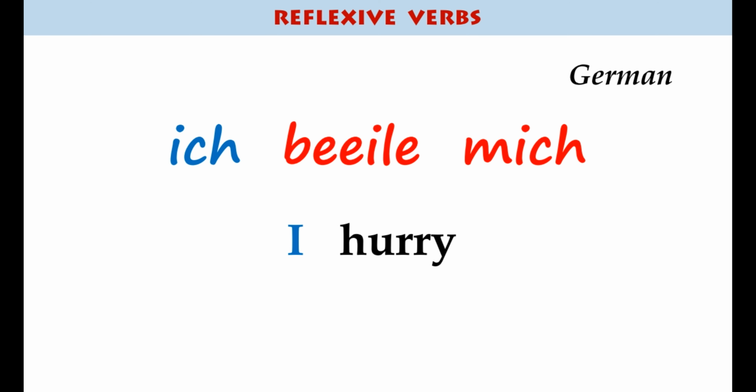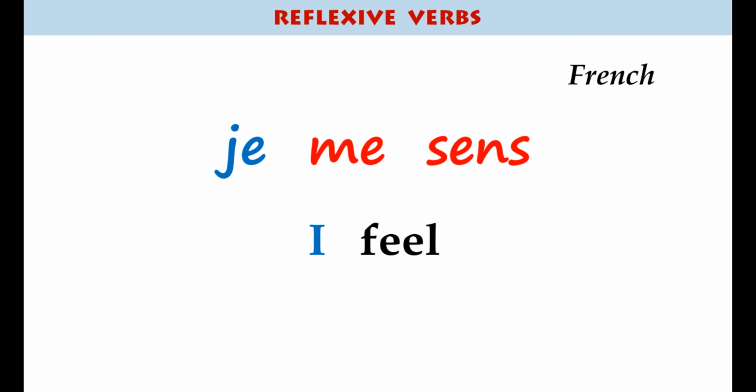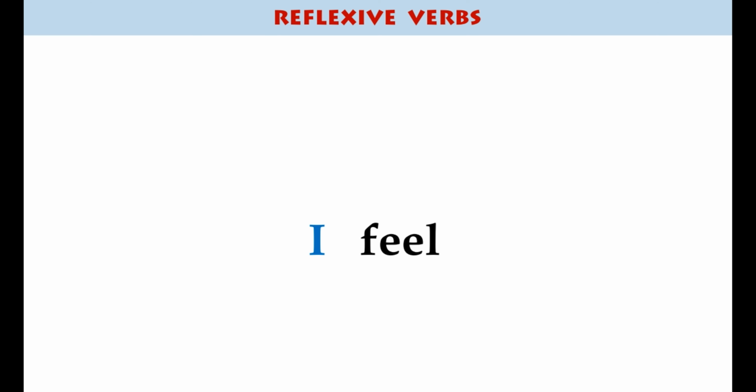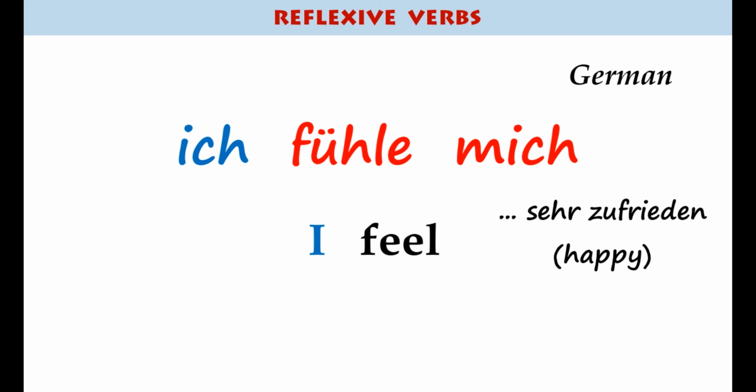Ich beeile mich. Another classic one is I feel. I feel happy, I feel sad. In French, I feel myself to be happy. And in German as well. Ich fühle mich sehr zufrieden, for example.